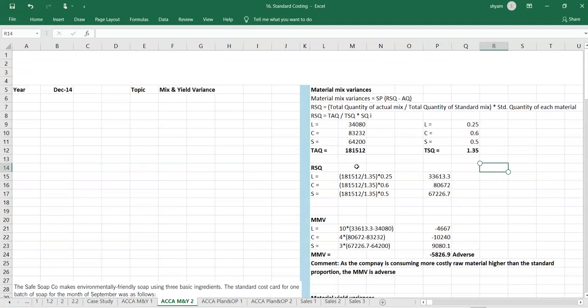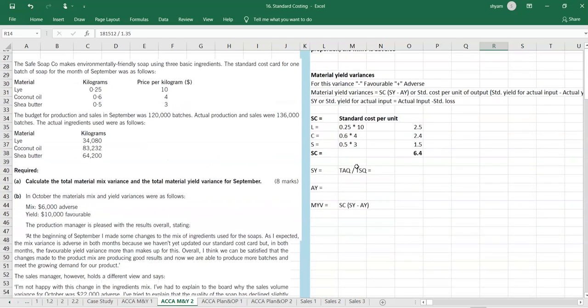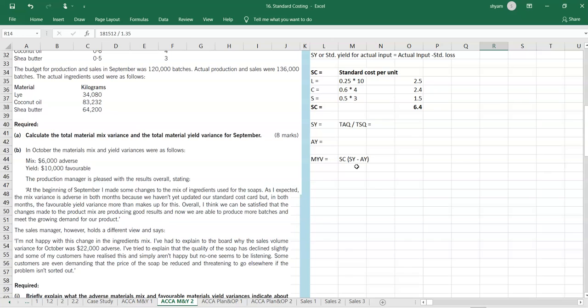So the number would be 181,512 divided by 1.35. This was the actual materials which went into the machinery, and for each unit they should have consumed 1.35.